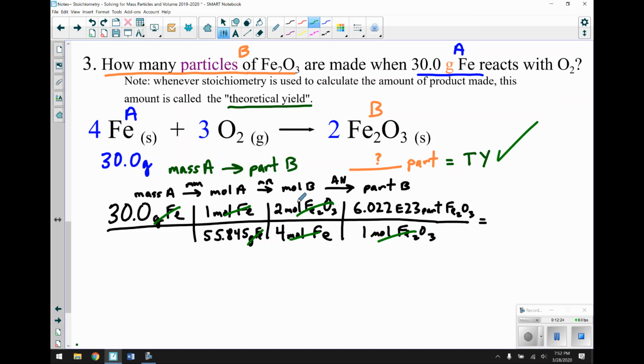Cha-ching! Done. It's all over, but doing the math. So 30 divided by 55.845 times 2 divided by 4 times Avogadro. Round to 3 sig figs, which was my sig figs in my initial starting amount, 1.62 times 10 to the 23rd particles of Fe2O3, which by the way is rust.